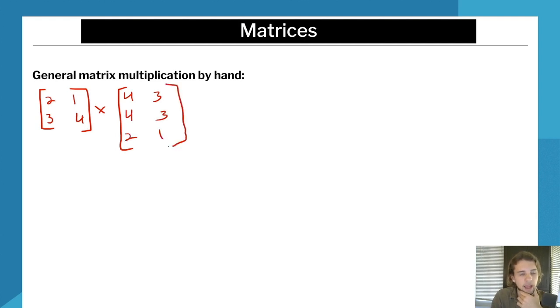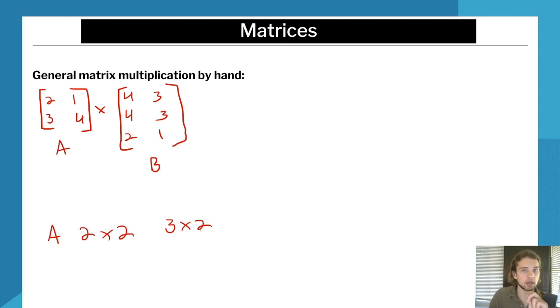Okay. Can these matrices multiply by each other? The answer is no, they can't. And we find that out by looking at the dimensions of the matrices. This matrix, we're going to call A and this one B. A has the dimensions of 2 rows and 2 columns. B has the dimensions of 3 rows and 2 columns.